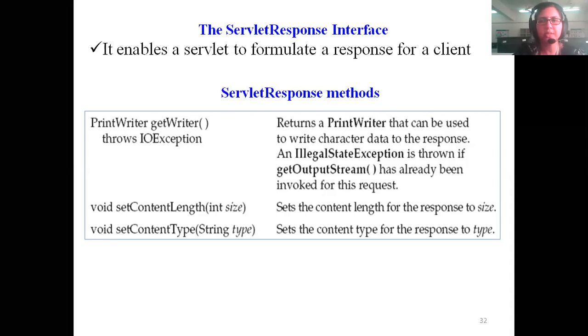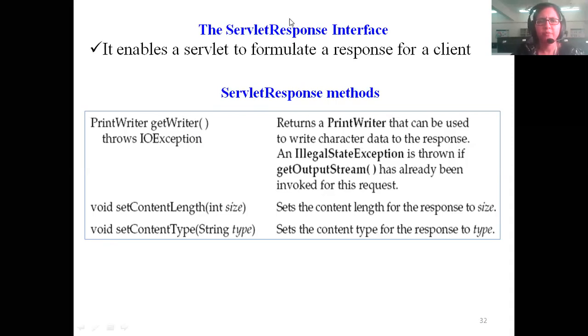In order to display the output or the response on the client side, we have to make sure that we open a channel which takes the response and sends it back to the client. To achieve this, inside the ServletResponse interface, we have the method called getWriter.